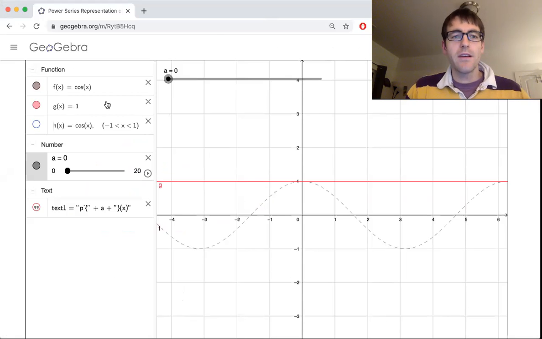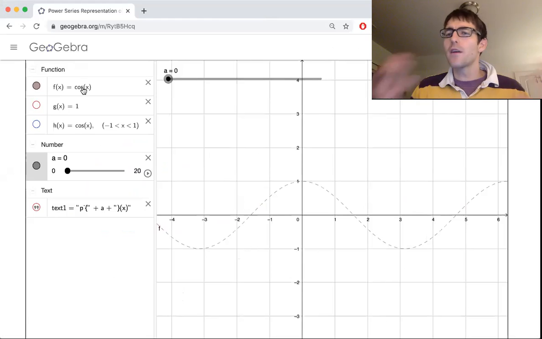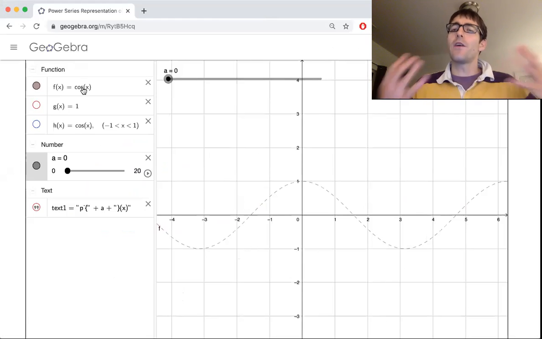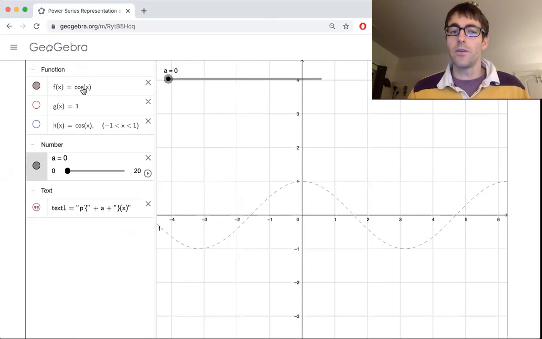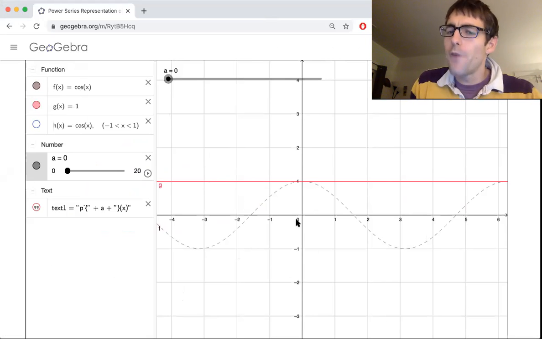So what we have here is a GeoGebra model, and the function in question is this cosine of x term. So our f of x is cosine of x, and we want to approximate this with higher and higher degree polynomials. The first step is to say, we're going to approximate what this function is doing, focused where x equals 0.